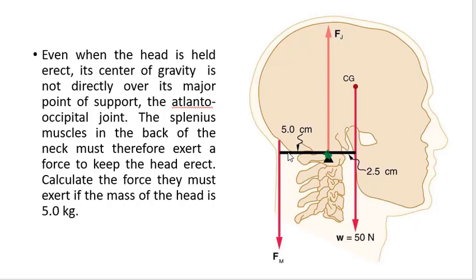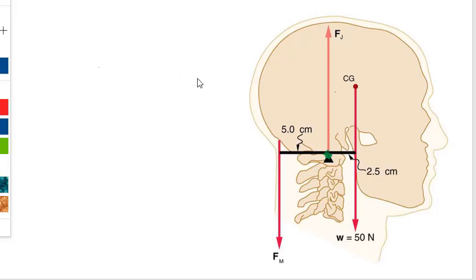Okay, so this muscle, the splenius muscle at the back, should balance the torque produced by the weight of the head. So let's now solve for this one. Let's analyze this one. The center of gravity will produce a clockwise torque, so that's negative.